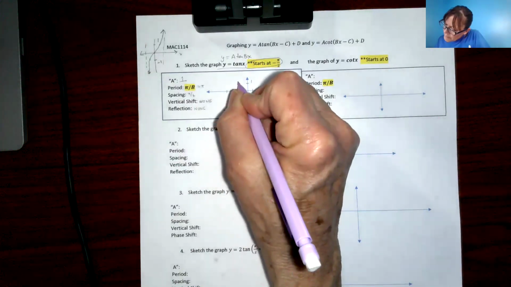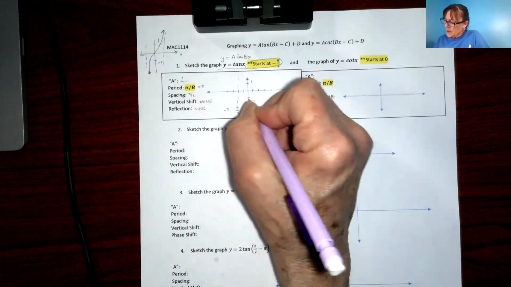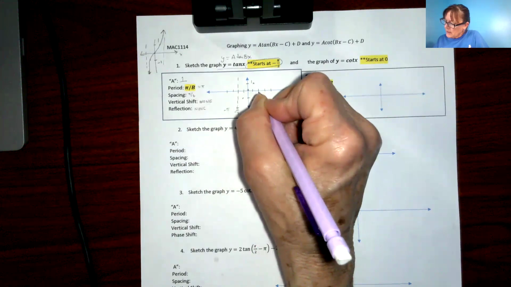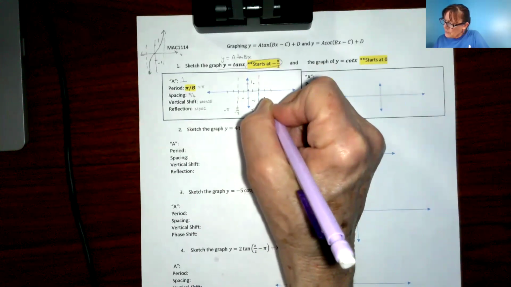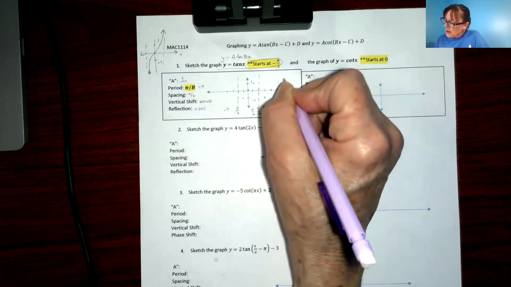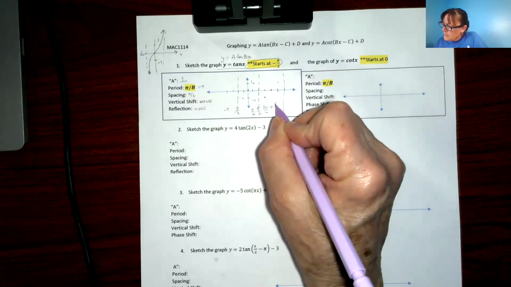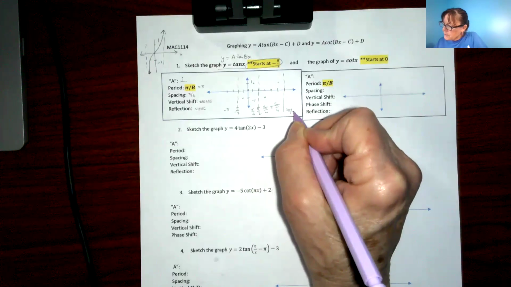So we go over to negative pi over 2 and we say asymptote, low, middle, high, asymptote, low, middle. And then if we continue to go, high, asymptote. So let's just finish this out. This would be 5 pi over 4, 6 pi over 4, which is 3 pi over 2.